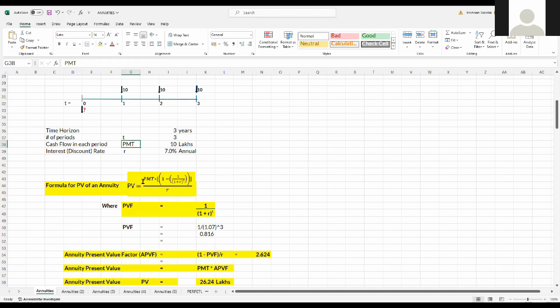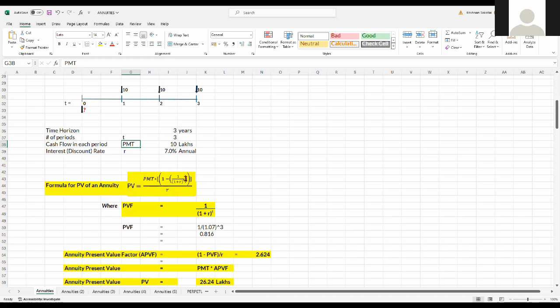The formula for the present value of an annuity, PV, is given by this formula. We have PMT times 1 minus 1 divided by (1 plus R) to the power T, and the whole thing divided by R, where T is the number of periods.